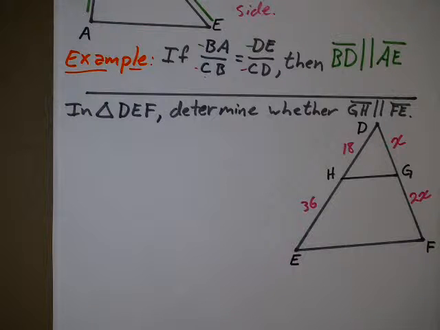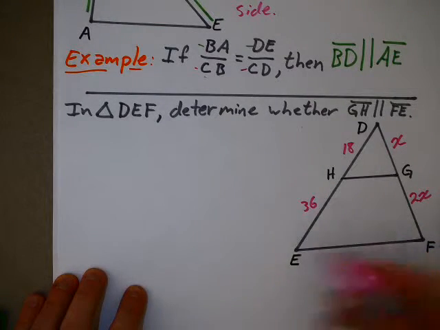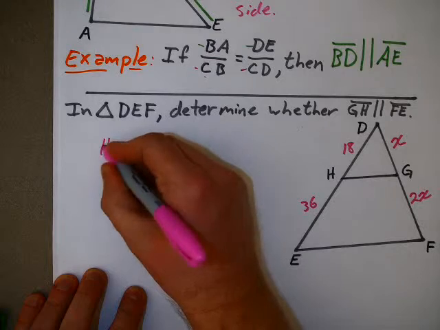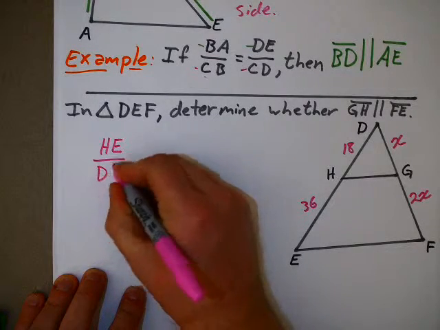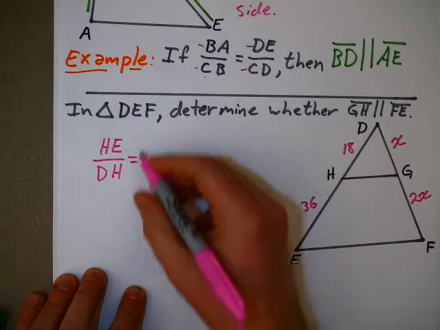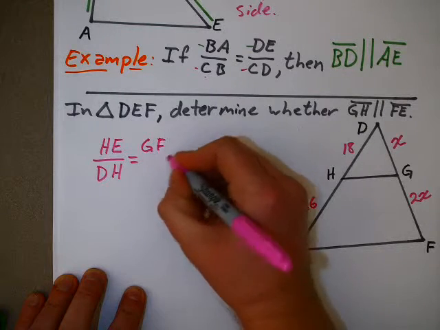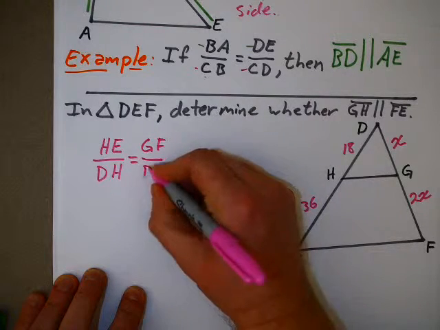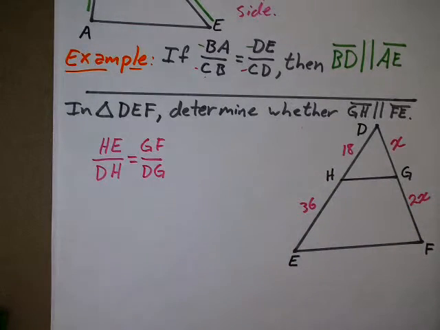So what we're going to do is see if our proportions hold up. We would have HE divided by DH should equal GF divided by DG. And now let's see if that's true.